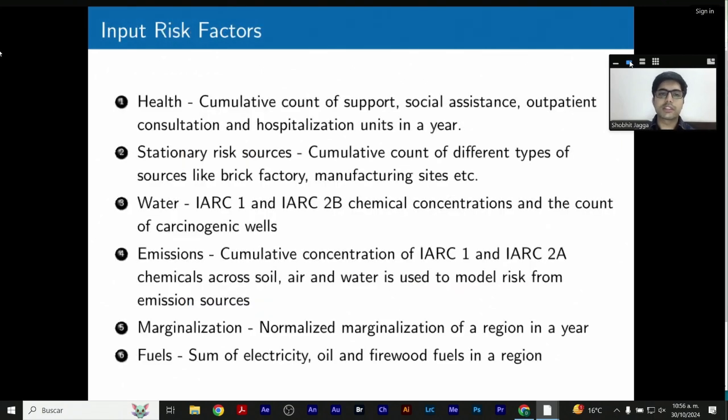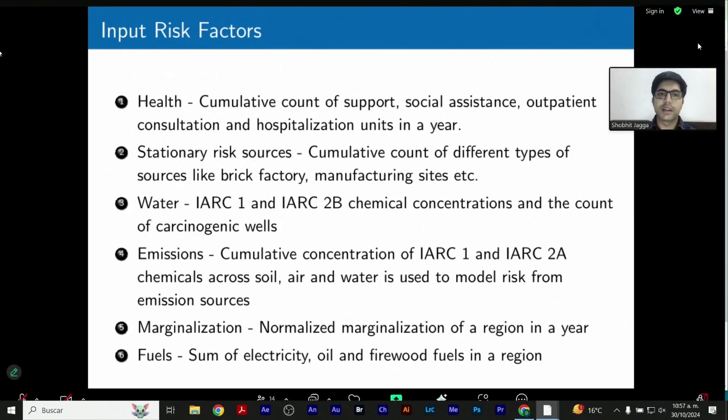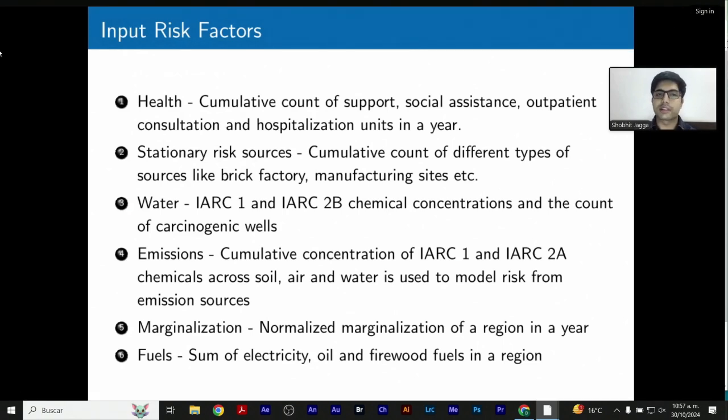The input risk is modeled by either the number of sites, as in healthcare services, and stationary risk sources like the number of brick factories, manufacturing sites, or by the concentration of carcinogenic chemicals in the sources like water or emission sources. We also have normalized marginalization values for municipalities, which can be used for modeling resource accessibility and awareness.